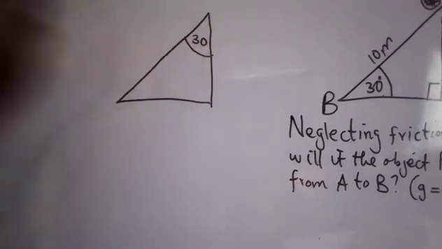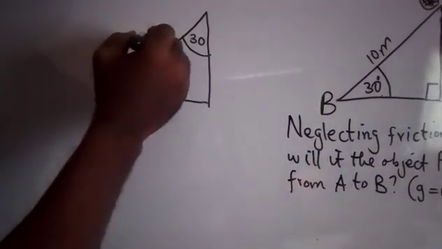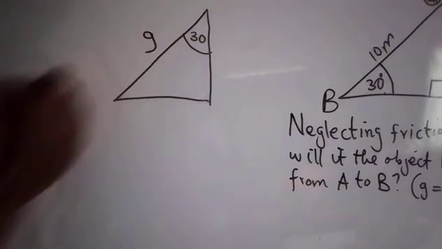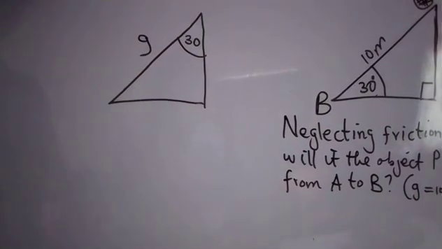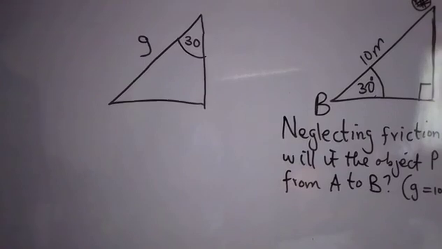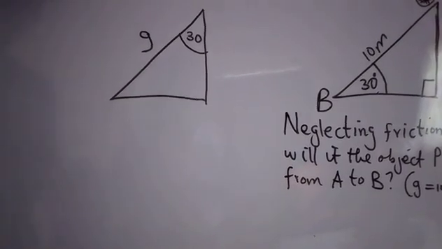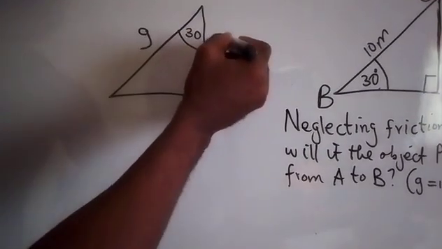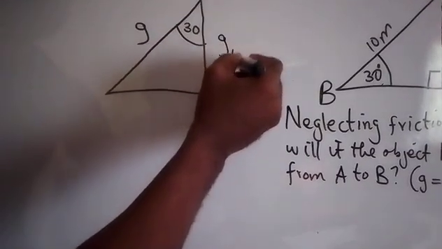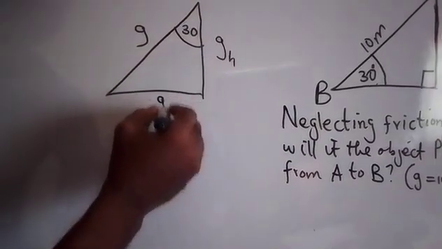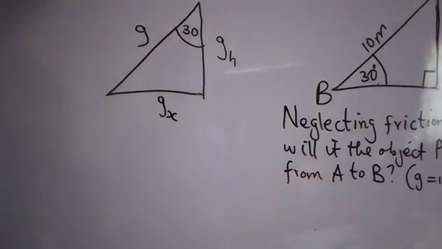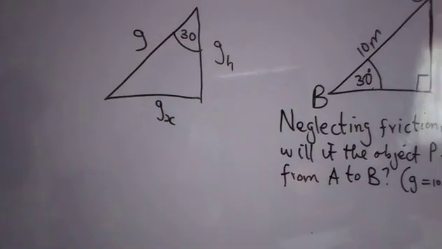Just put it up, that's all. Then this inclined plane is going to represent acceleration due to gravity, g. If it is under force, it's going to represent weight. This is going to be the vertical component of gravity, and here is going to be the horizontal component of gravity.